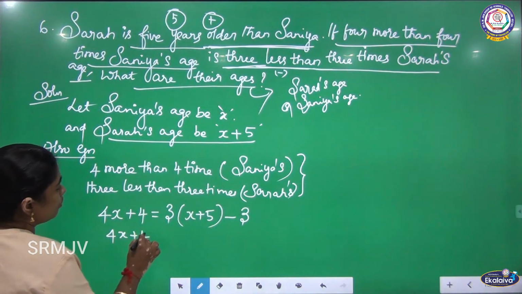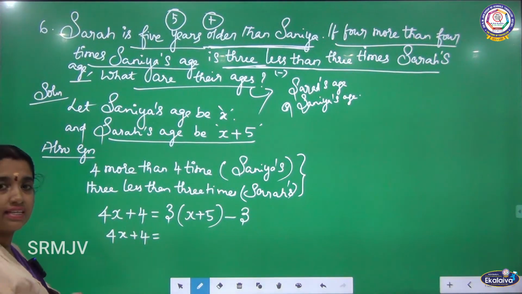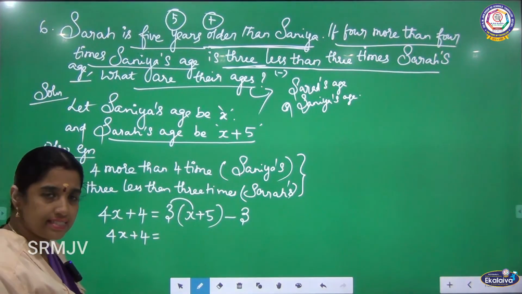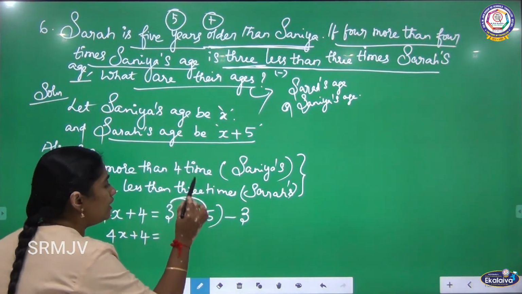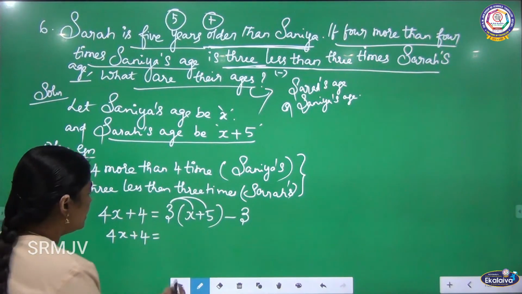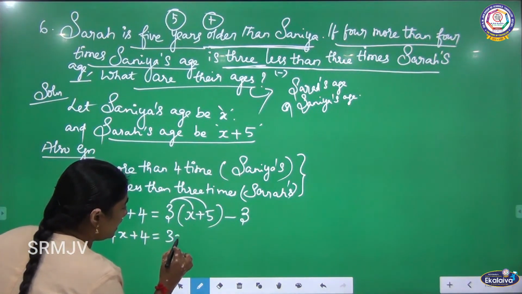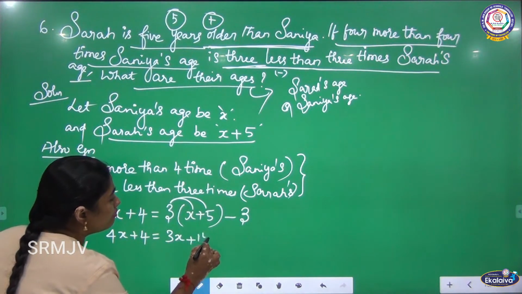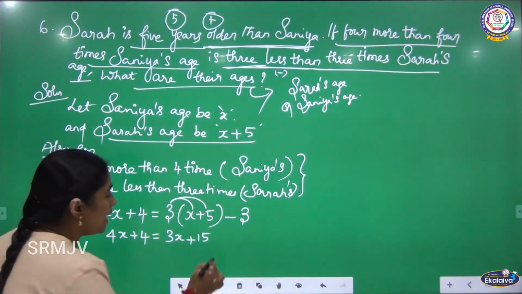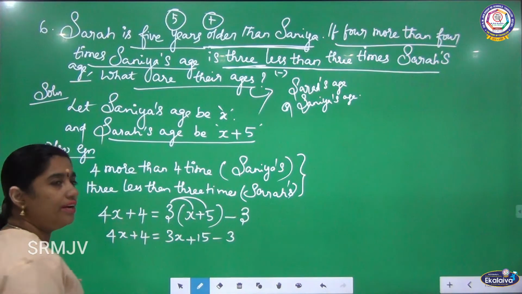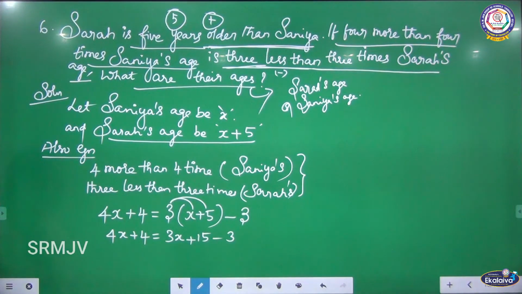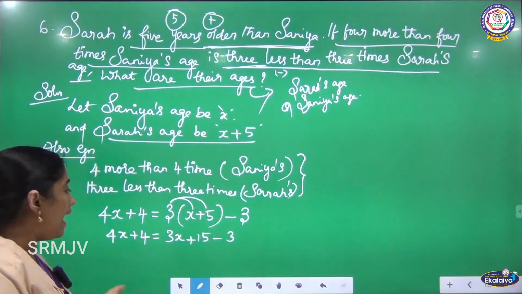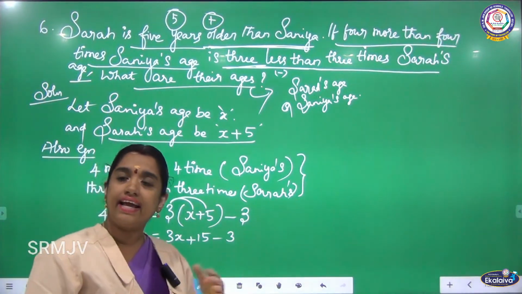4x plus 4 is equal to, first you multiply, 3 into x plus 3 into 5. Got it? 3 into x is 3x, plus 3 fives are 15, minus 3. Now what you have to do? Arrange the variables on the left hand side and the constants on the right hand side.